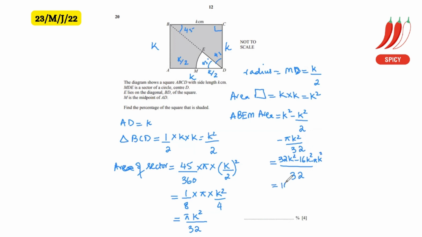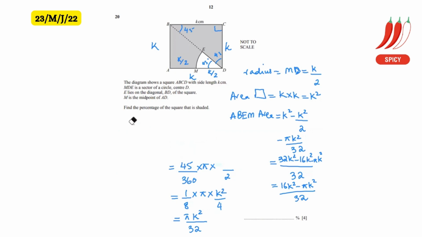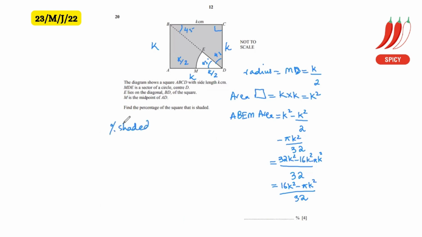That is 16k squared minus pi k squared over 32. That is the area of ABEM. So percentage of shaded would be this plus the triangle over the total area.